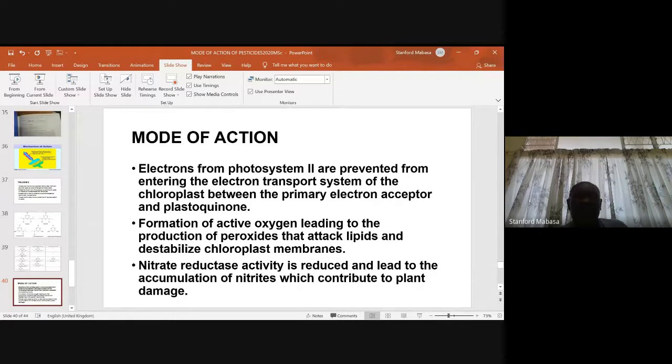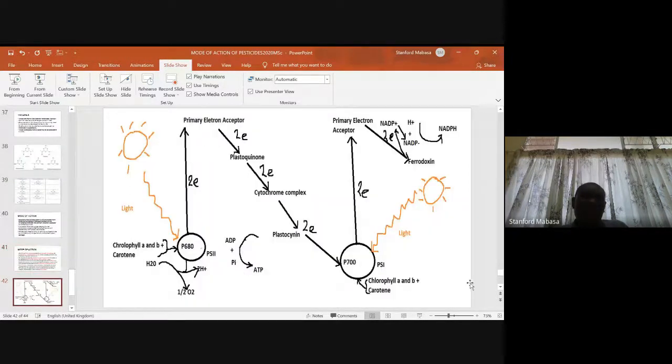Now, for atrazine, the focus is on photosystem 2. Probably I'll show you what is photosystem 2. Normally, we have chlorophyll A and B and carotene, which, when struck by light, this region gets excited. Also, this other region, P700, gets excited.